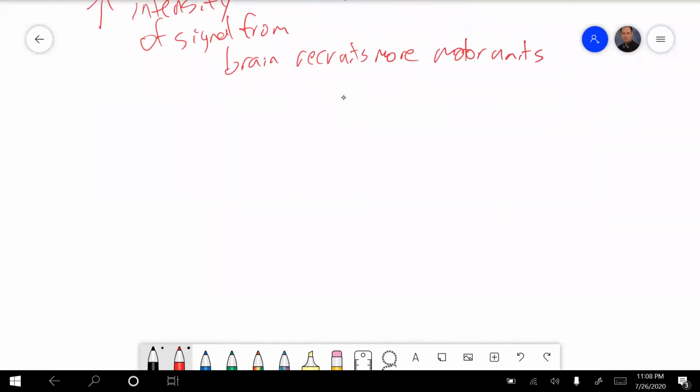Now, there are different types of contraction in the muscle. We have isometric and isotonic contraction. Isometric, iso is same, metric is length.